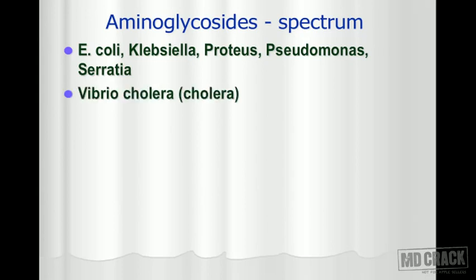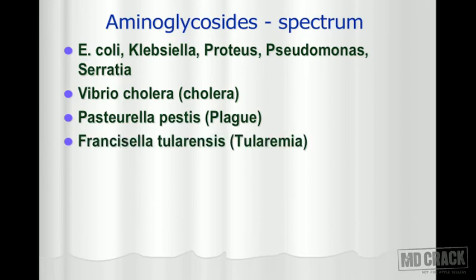Next important organism is Vibrio cholerae, and Streptomycin is useful against cholera. The next one, I hope you have heard this organism, is called Yersinia pestis or Pasteurella pestis, and this produces plague, and Streptomycin can be used in the management of plague. The next organism is Francisella tularensis, producing tularemia. You can use Streptomycin against this, and also Brucella, producing brucellosis.